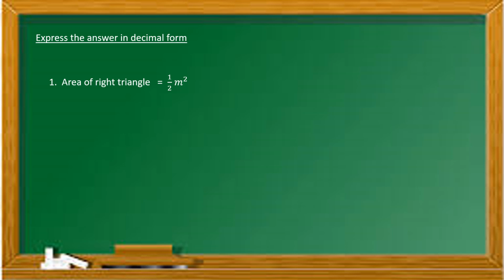That is 1 by 2 into 5 into 5, isn't it? So this becomes 5 by 10. And that is 0.5. So we get the decimal form as 0.5 meter square.